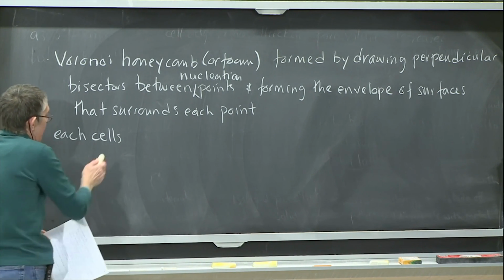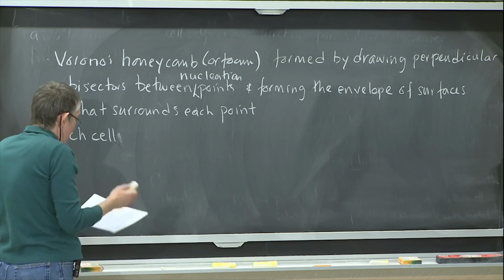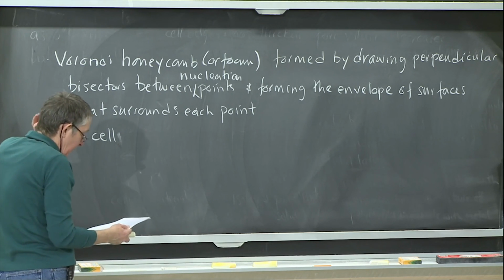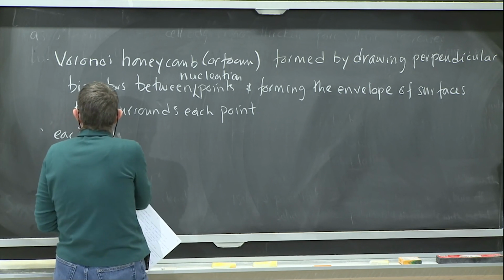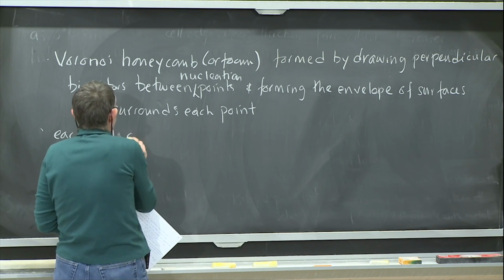So each cell contains the points that are closer to the nucleation point than any other nucleation point.